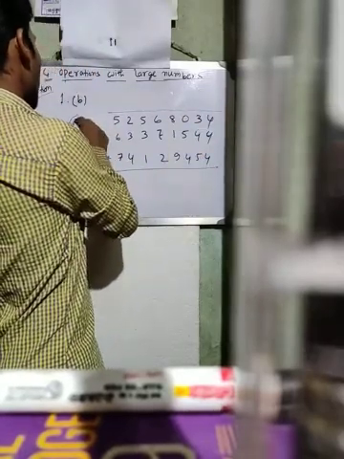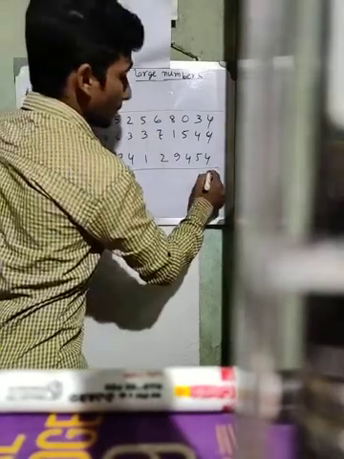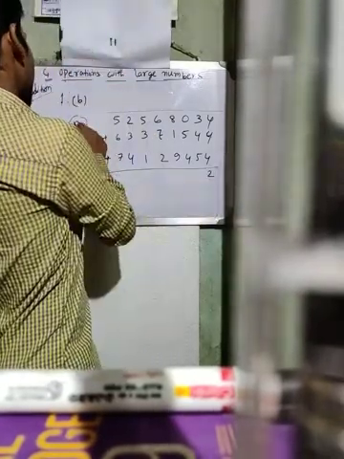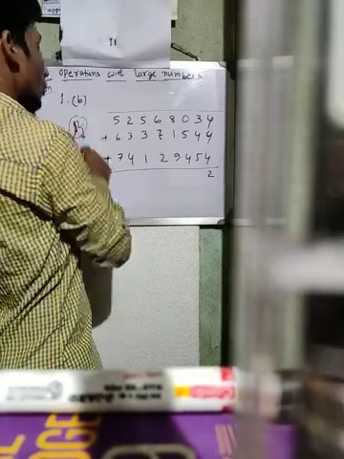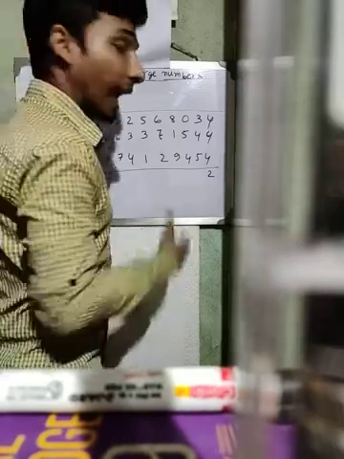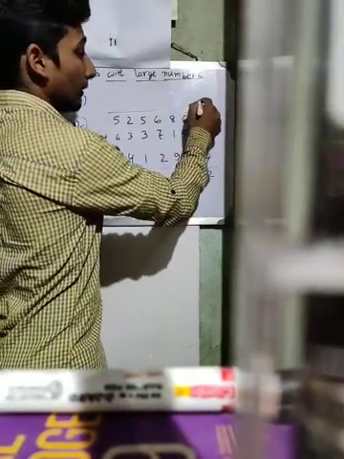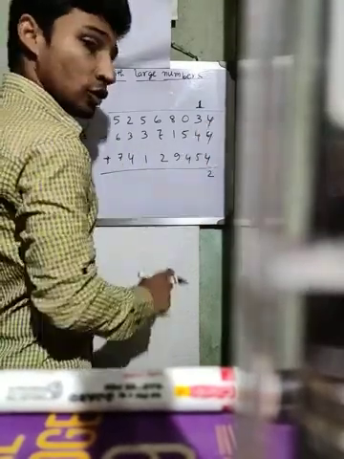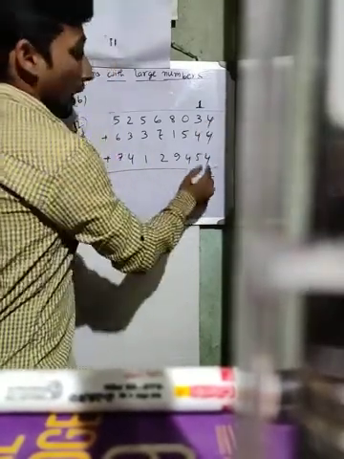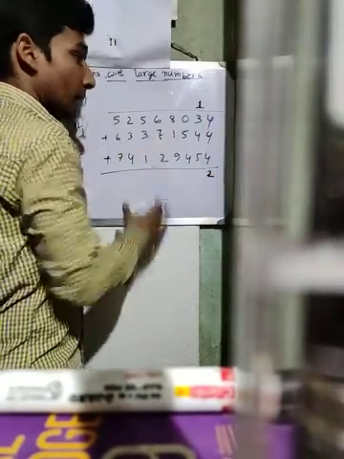For 12, we write only the ones place, 2, here, and the digit 1 will be the carry for the next place. Clear? 4 plus 4 plus 4 means 12, so we write 2 and 1 is the carry for the next place.